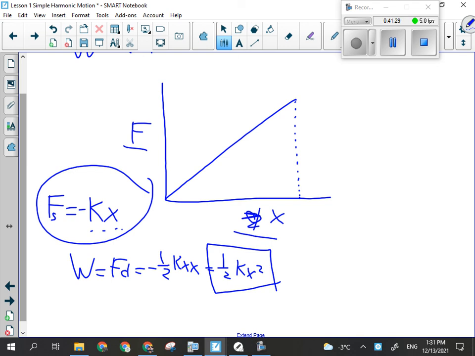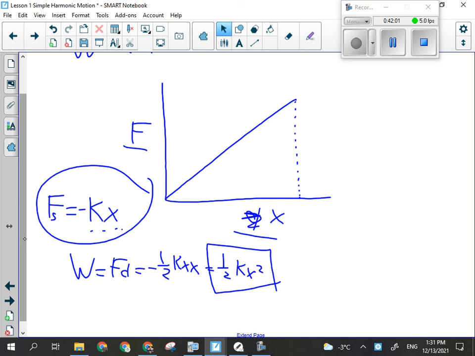Nope, it doesn't have to do with gravity so much. Let me grab something elastic here.